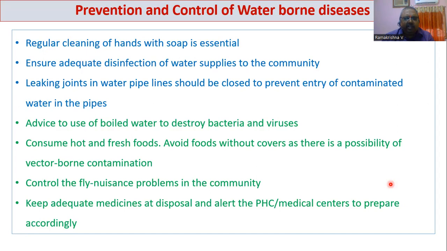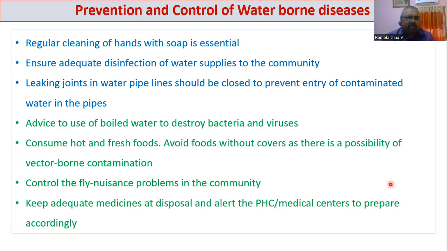We should see that no bacterial contamination is there at the treatment plant and that complete removal is done. Even when the water reaches the community supply, you should ensure that there is no bacteria in it and that it is properly disinfected.